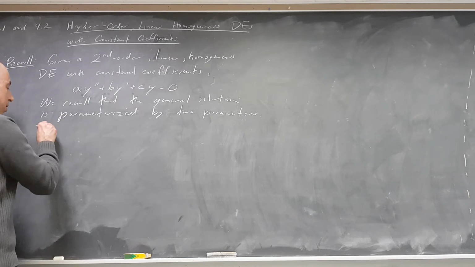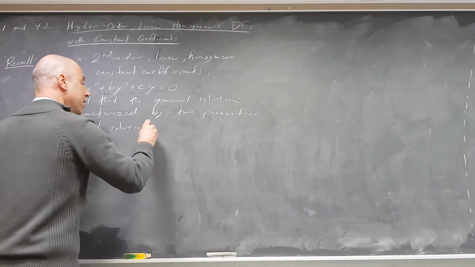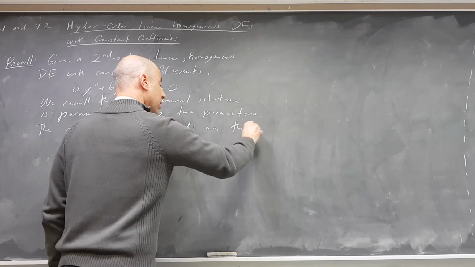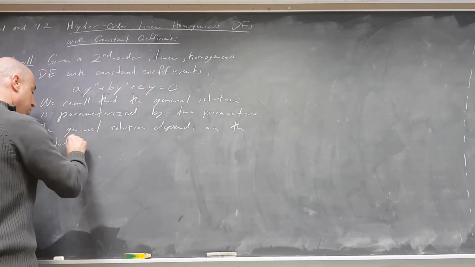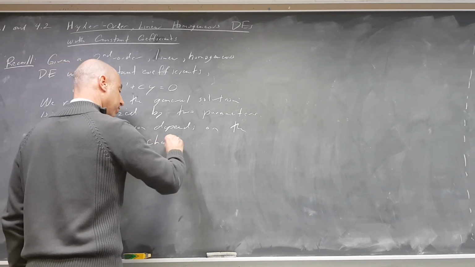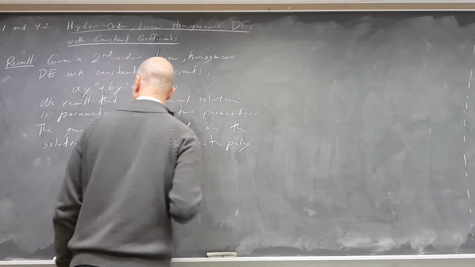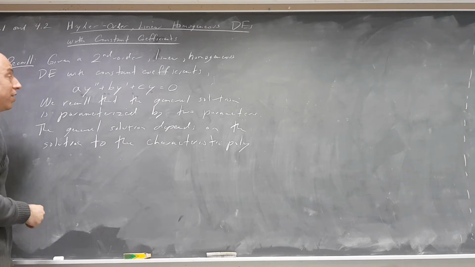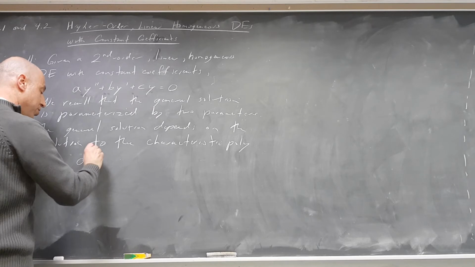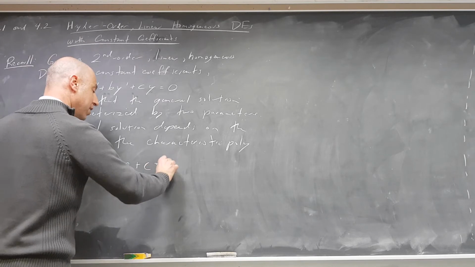So the general solution depends on the solution to the characteristic polynomial. The characteristic polynomial associated to this differential equation is going to be ar squared plus br plus c equals 0.